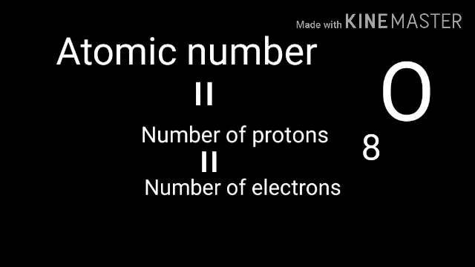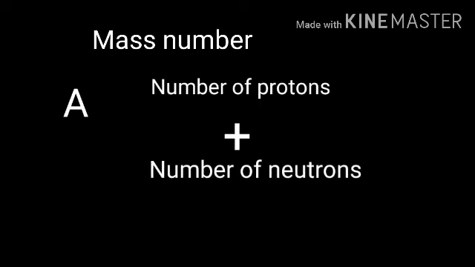Clear now? Next topic is mass number. Mass number is represented as A. It is the sum of the number of protons and the number of neutrons present in the nucleus of an atom of an element.